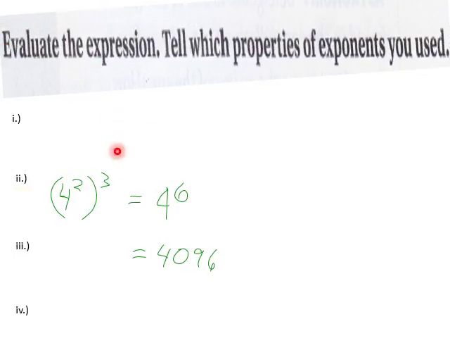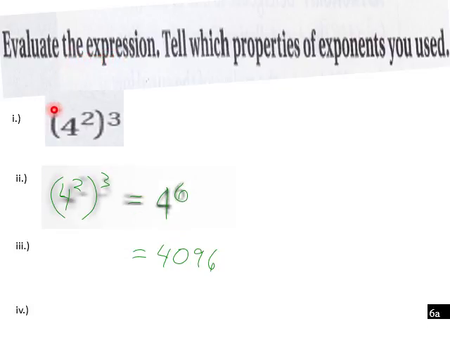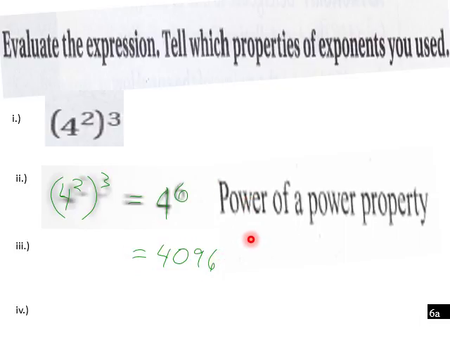So 4 squared cubed equals 4 to the 6th power. What's 4 to the 6th? It's 4096. Power of a power. We're using power of a power here. 3 times 2 is 6. 4 to the 6th.